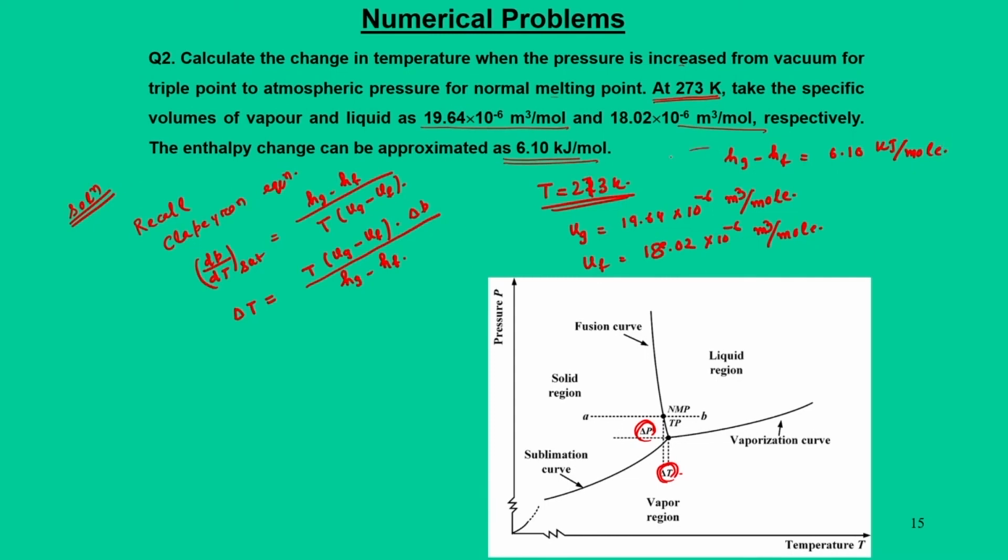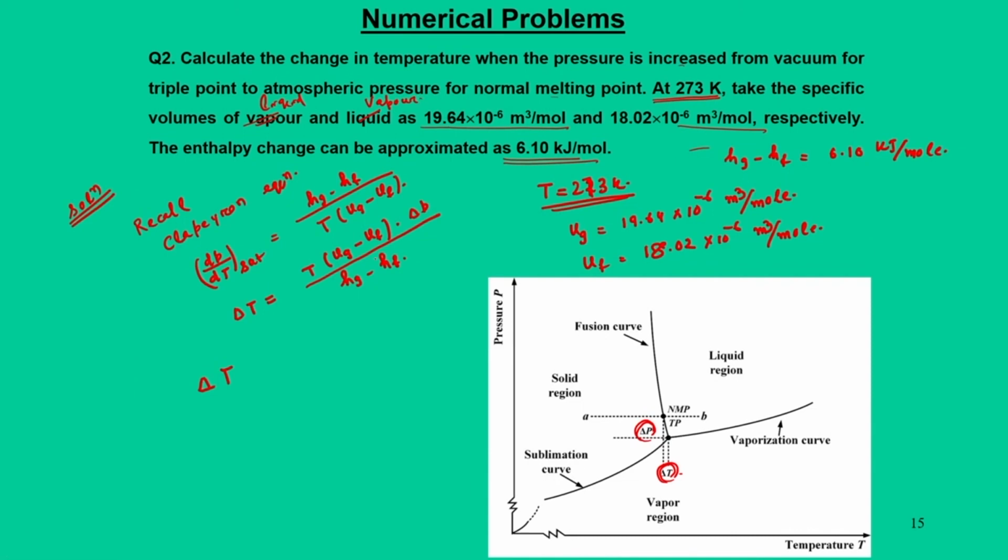Now by inserting these values in the equation, we can find out. Sorry, this value would be liquid and this is vapor.